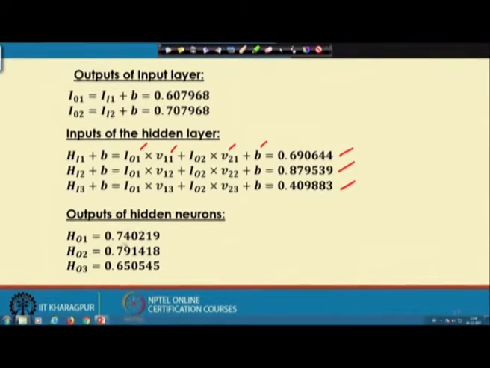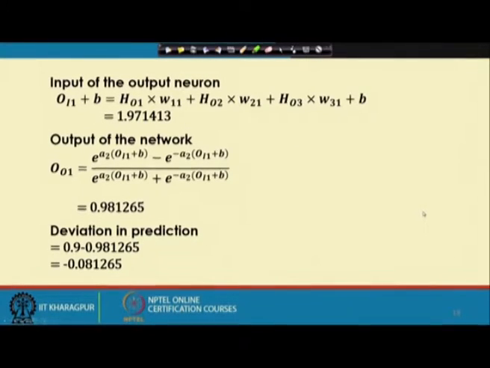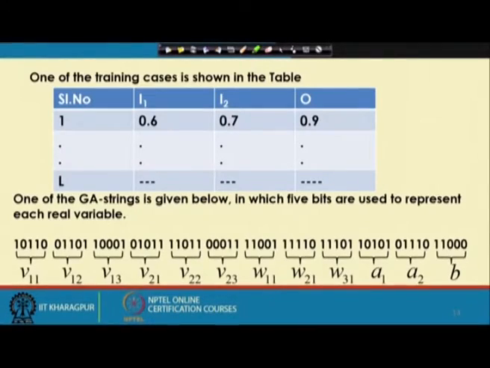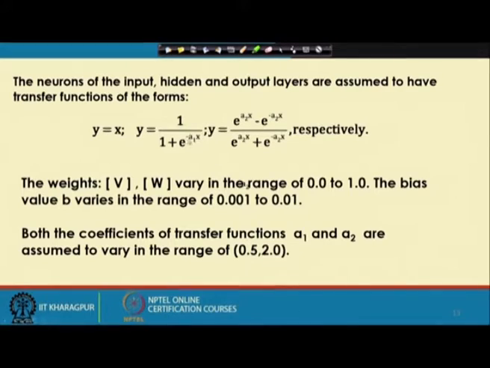Now, this output of the hidden neuron, you can find out very easily from this mathematical expression.